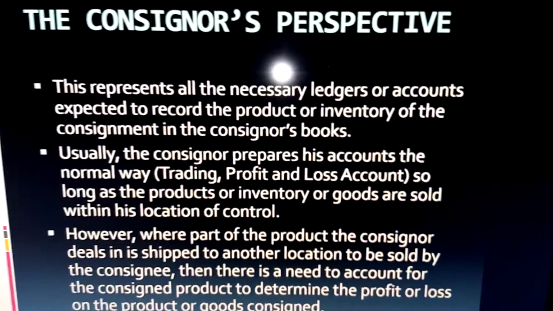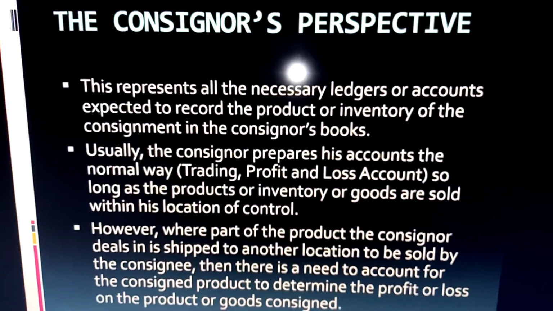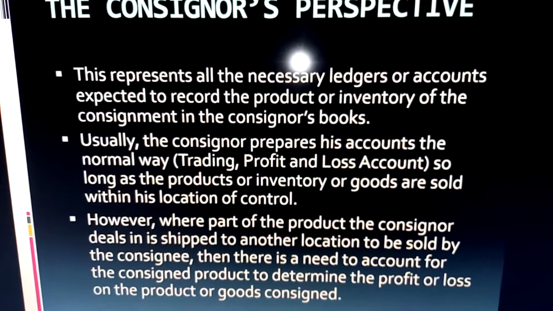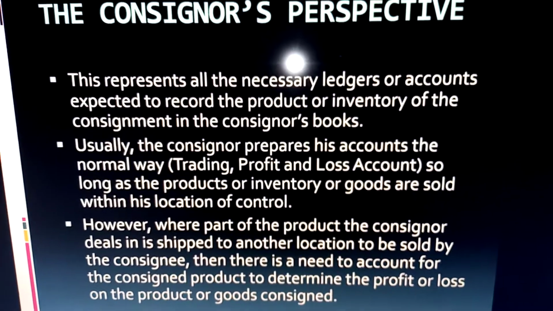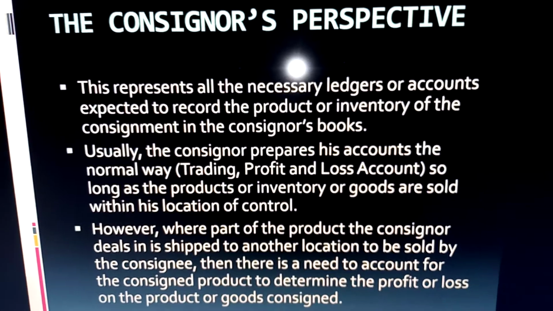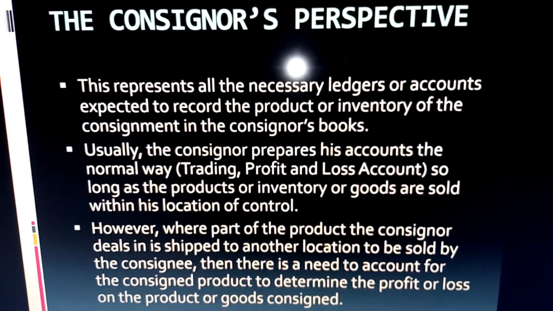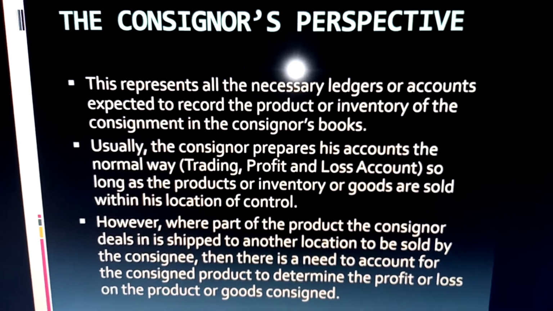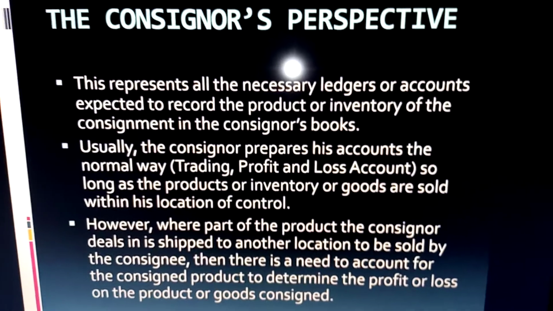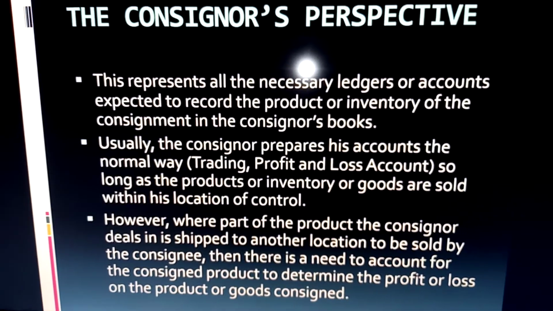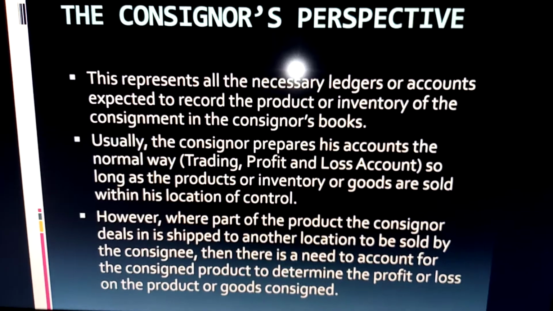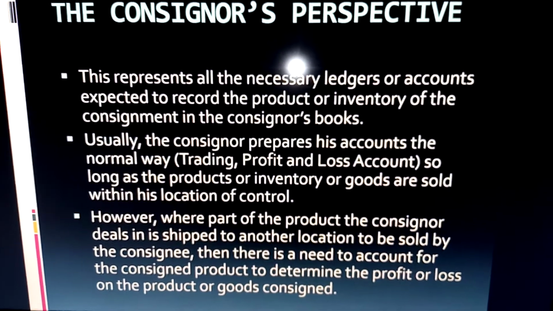The consignor is also a business operating on its own, so it also prepares the accounts the normal way: the trading, profit and loss account, and the balance sheet. But the moment part of the product is sent to an agent to sell on his behalf, there's a need to identify the profit made on that product.